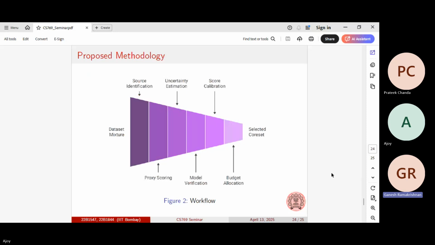Second is, again inspired by STAFF, use a smaller model to calculate the importance score. The second step is what we thought of is that we'll do an uncertainty estimation, where we will use a simple feed-forward model to calculate the uncertainty of the various embedding scores that we've got, and then rank them across each of the data sources.